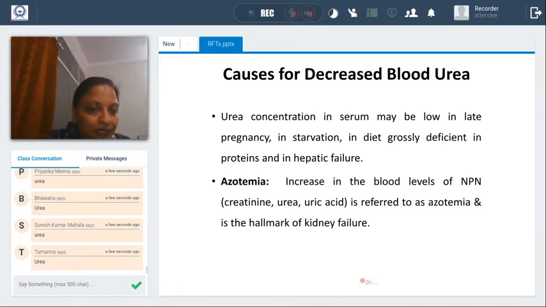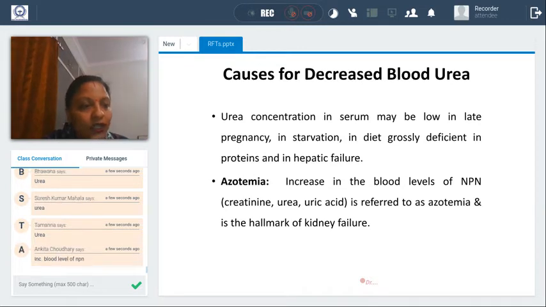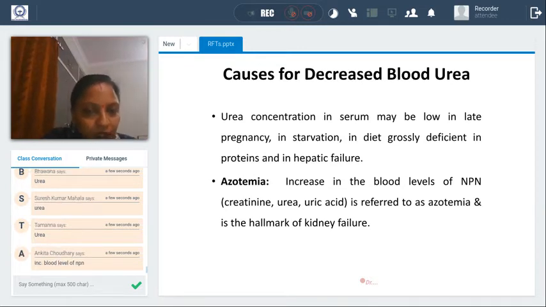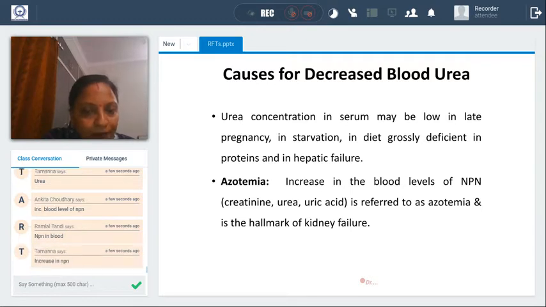A-Z-O-T-E-M-I-A. Am I audible to all of you? What is azotemia? Yes, increase in the blood level of NPN. What are the substances which are included in NPN? That is creatinine, urea and uric acid.